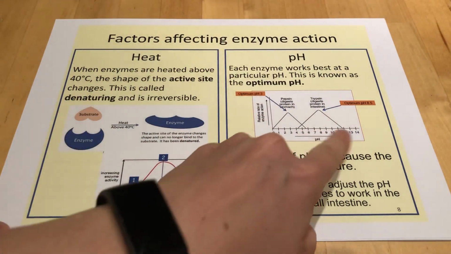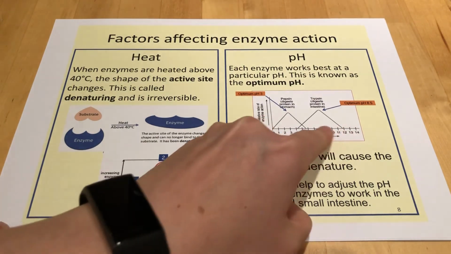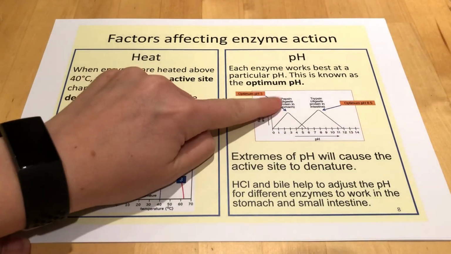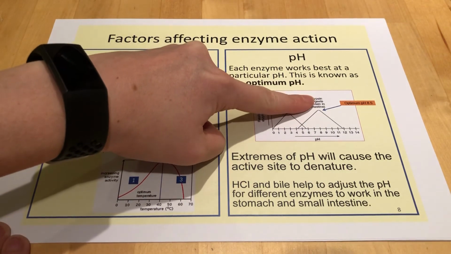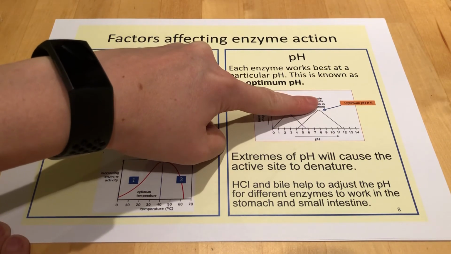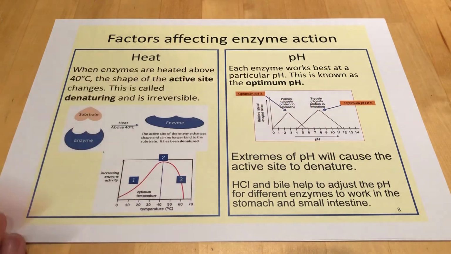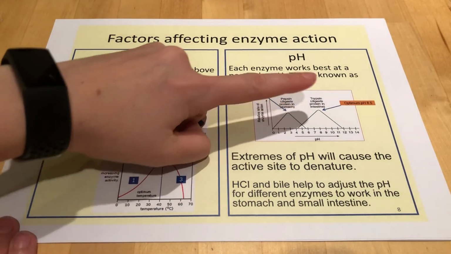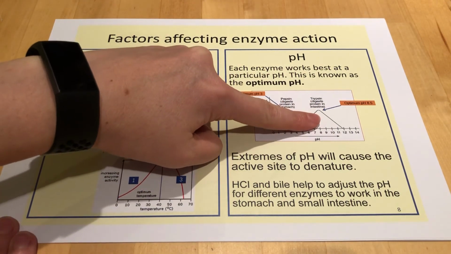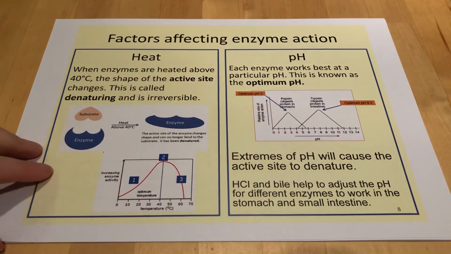It also works over a wider range of pH. Okay, so pepsin taking the proteins, breaking them down into peptides, and then trypsin taking those peptides and breaking them down into amino acids. And it's the hydrochloric acid that creates the right conditions for pepsin to work, and it's the bile that creates the right conditions for trypsin to work.